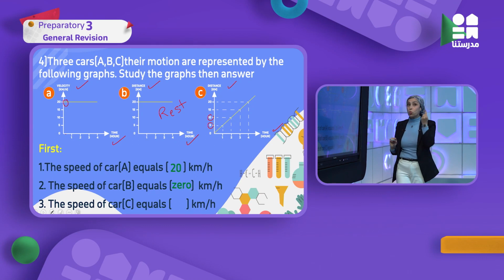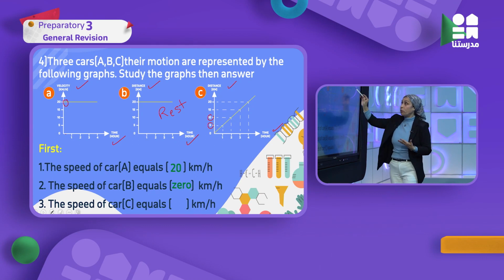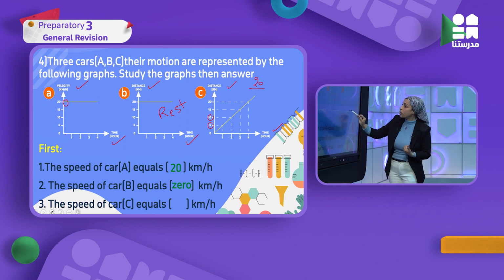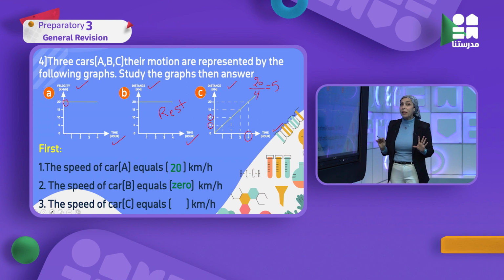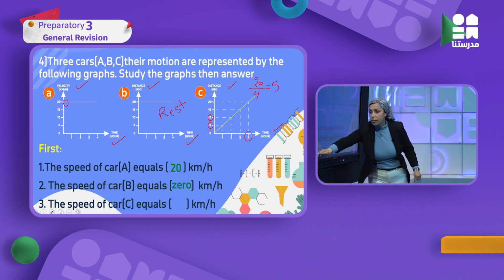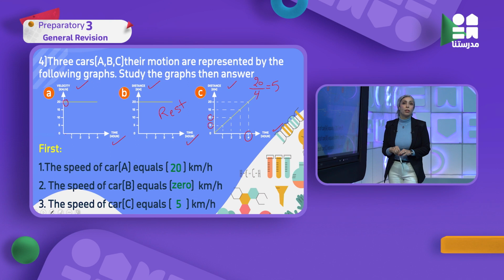So I'm going to choose one of them, and from the distance, let's choose 20, divided by the time taken here, which is 4. 20 divided by 4 equals 5, and if I repeat, 10 divided by 2 equals 5, 15 divided by 3 equals 5, because the body here is moving with constant, regular speed. So the answer, of course, is 5 kilometers per hour. Okay? Next.